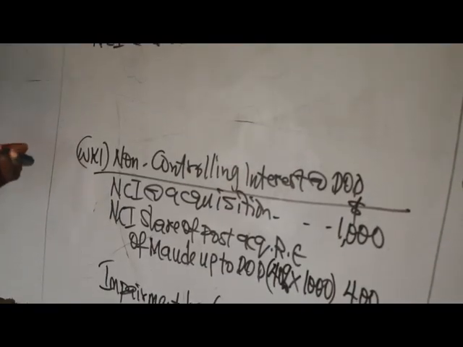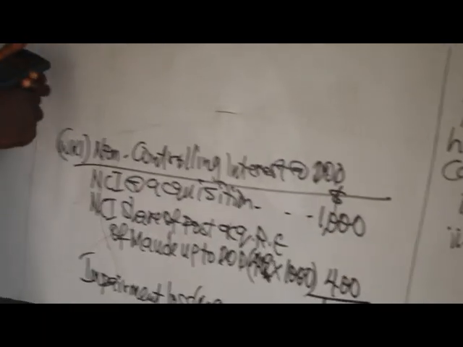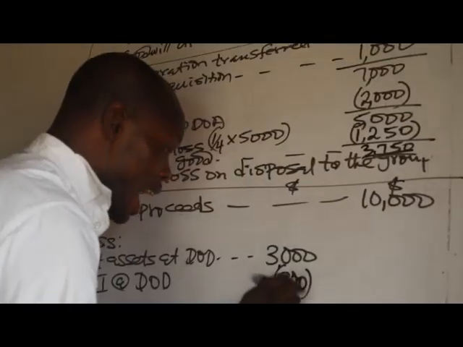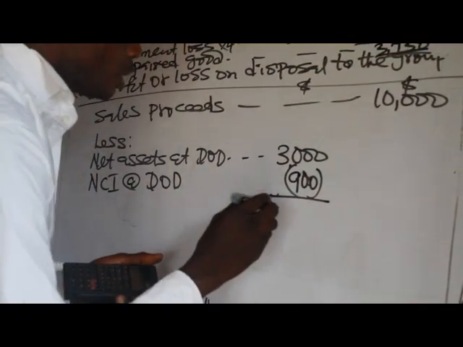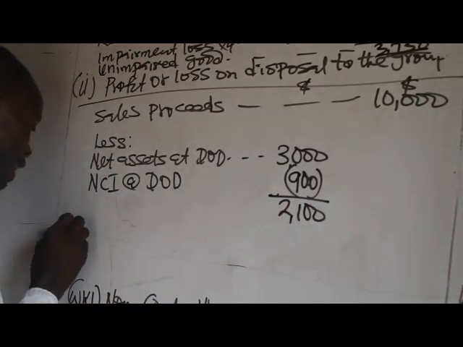That is the NCI at disposal. So you now subtract the NCI from the net asset at the date of disposal, so you'll be left with 2,100.